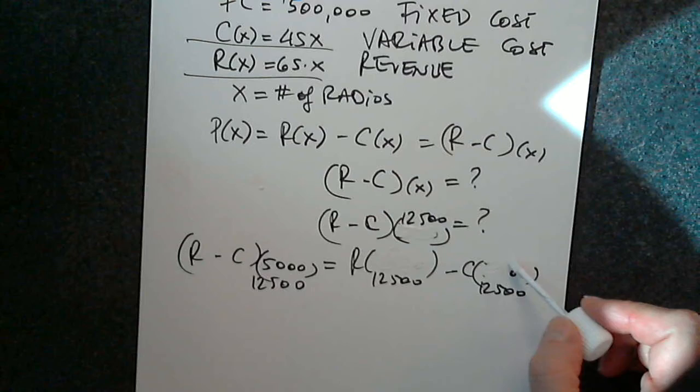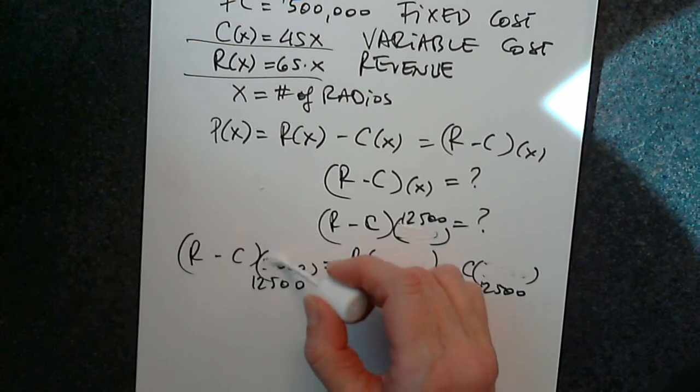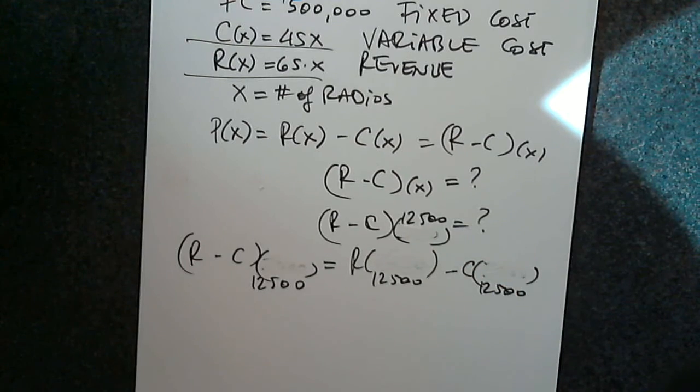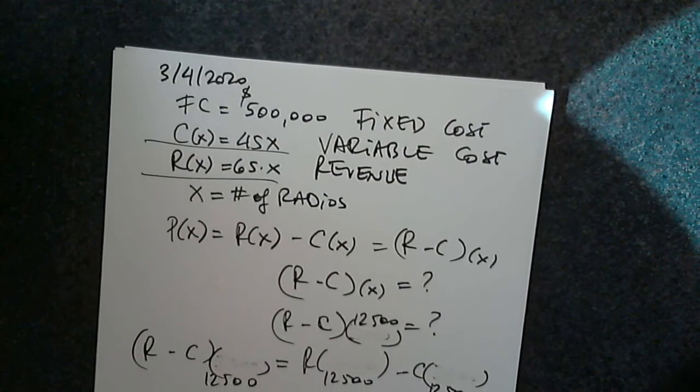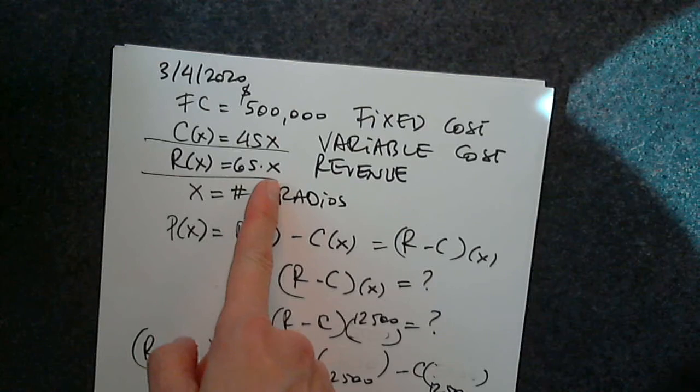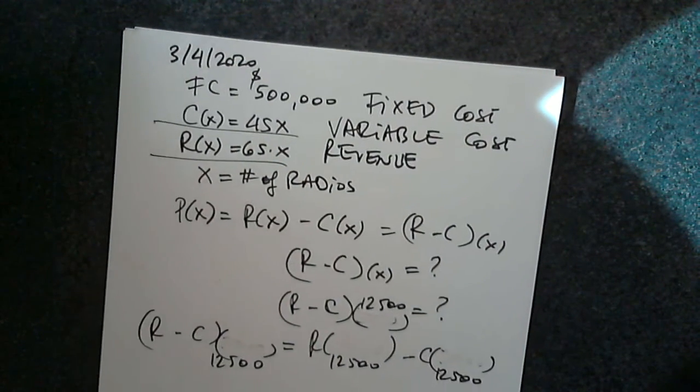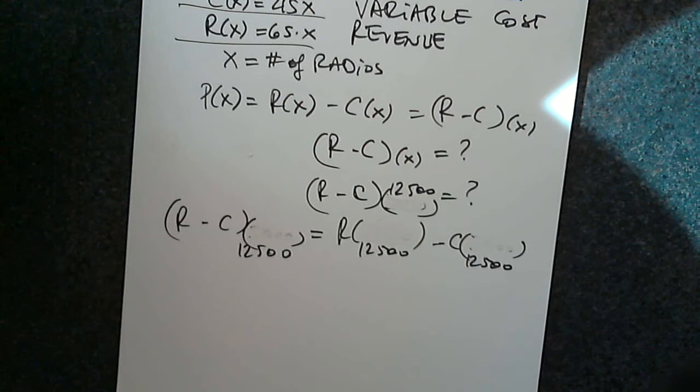And you understand here you're just plugging them in, right? You have the functions, right? So the revenue of 12,500 will be 65 times 12,500 minus the cost, which is 45 times 12,500. You also got to subtract the fixed cost, though, because I think that's what the question was asking.